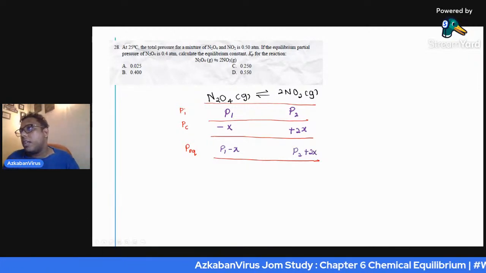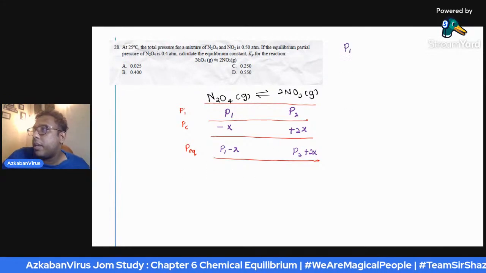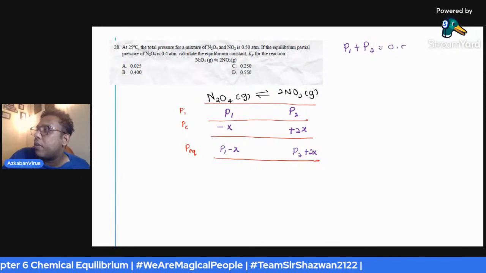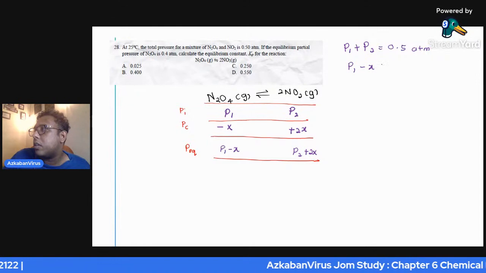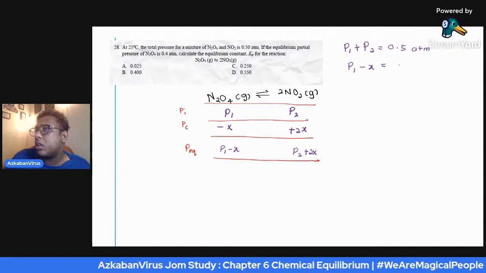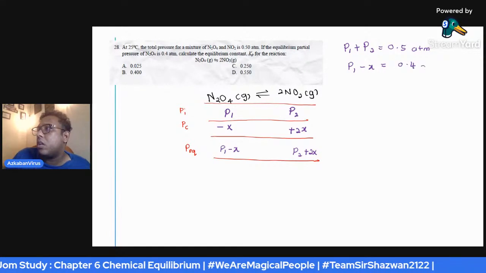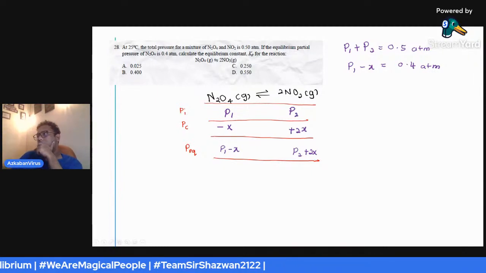We were given that P1 plus P2 is equal to 0.5 atm. And then P1 minus X is equal to 0.4 atm. Calculate the Kp for this reaction.